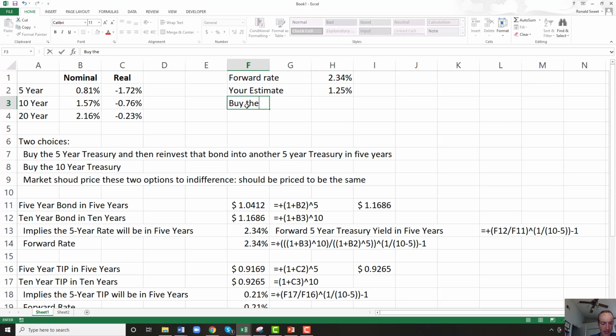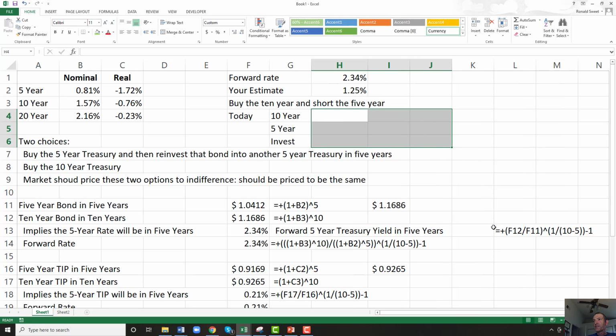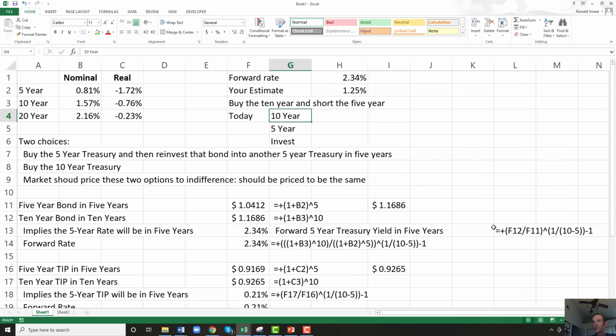But here what you could do is buy the 10-year and short the 5-year. And what would happen if you did that? I'm going to make a simplifying assumption here. We're going to use zero coupon bonds just to make it a lot simpler. So let's say our maturity value is $10,000.